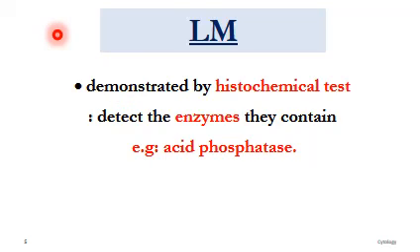If the reagent reacts and changes the color of the tissue, this indicates the presence of lysosomes. For example, acid phosphatase is an enzyme present inside certain lysosomes. If the reagent that needs this enzyme reacts and changes the color of the tissue, we can say this tissue contains lysosomes containing acid phosphatase.